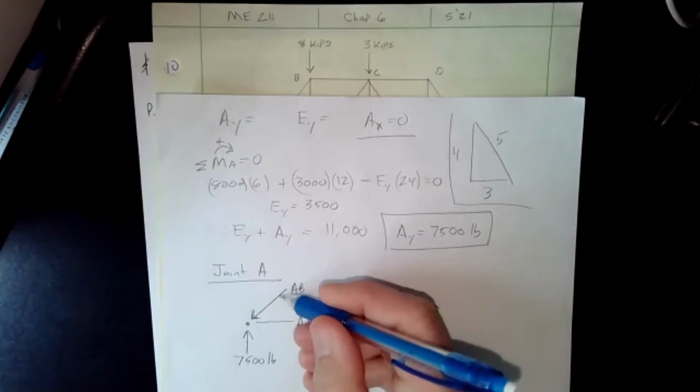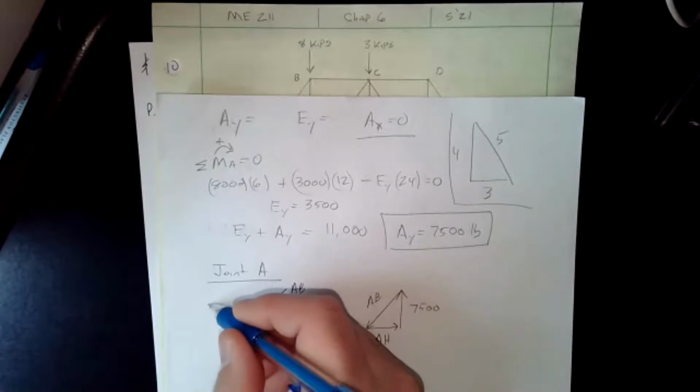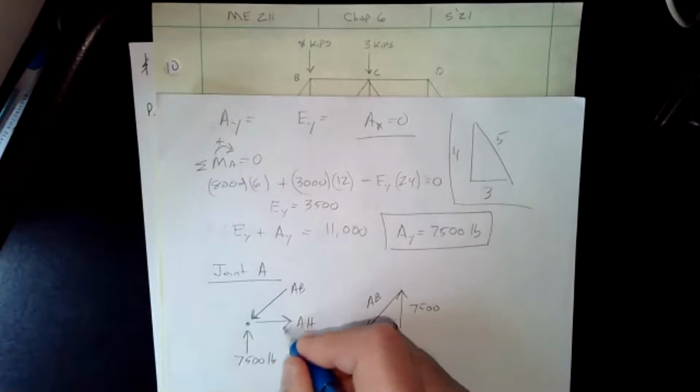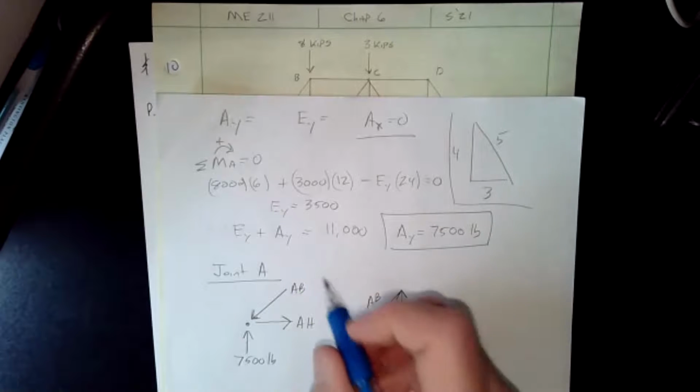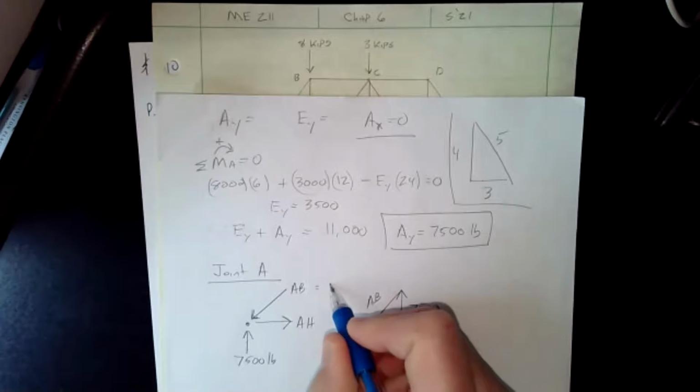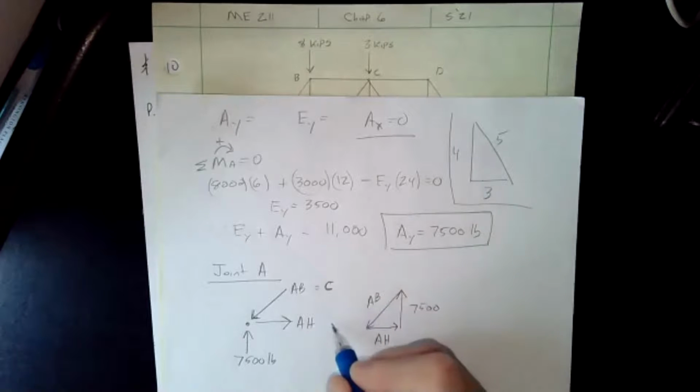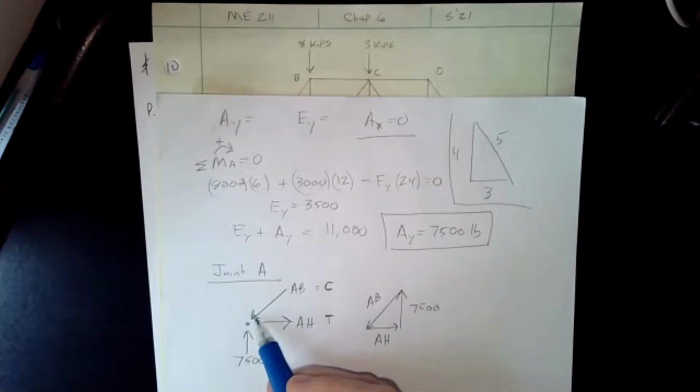And if that's going down, its X component is going to the left, so this has to go to the right. Notice that's how this is drawn too. So AB, we can see right away, is in compression, and AH is in tension. Because if it points towards the joint, it's in compression; away from the joint, it's in tension.